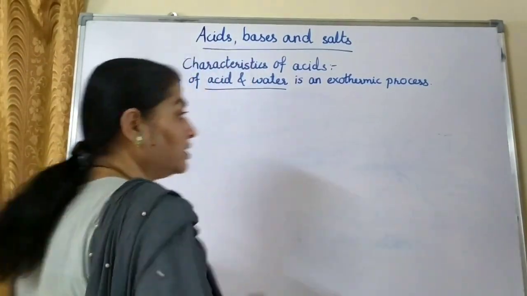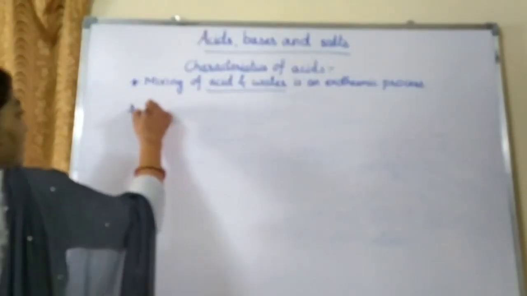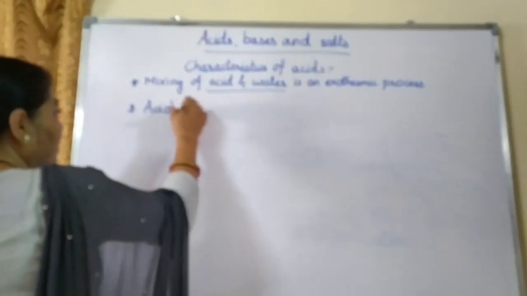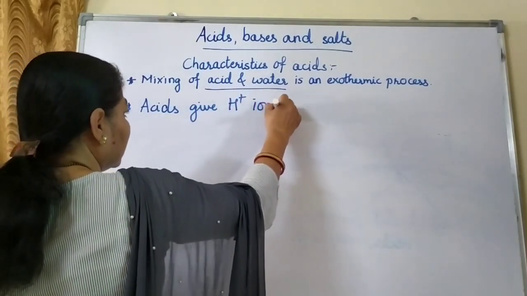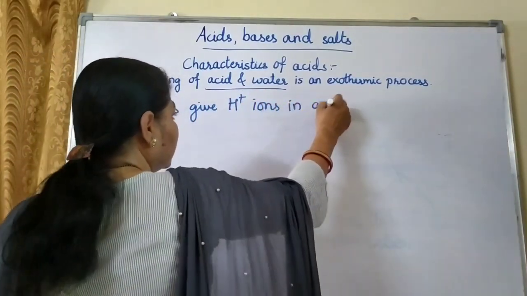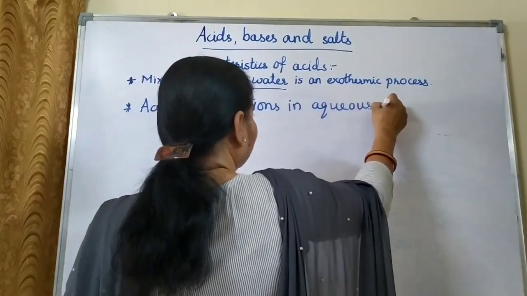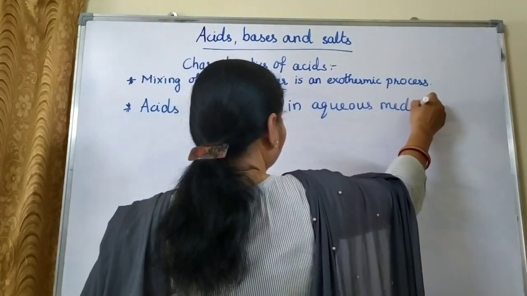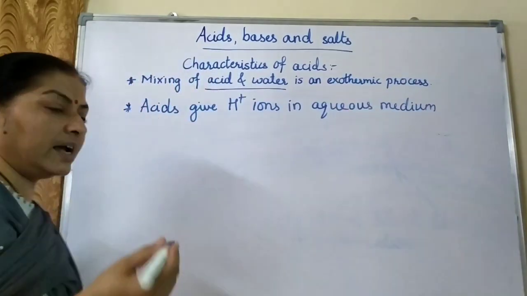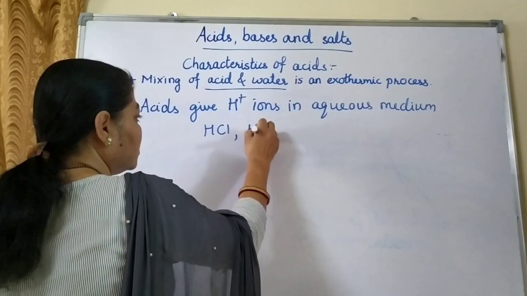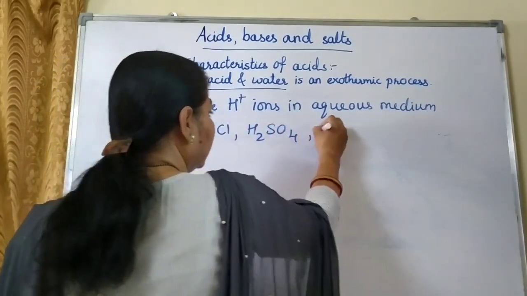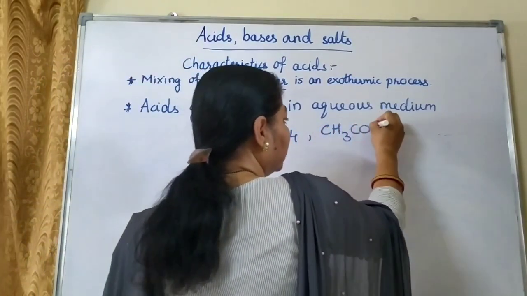The next point was, children, that acids give H plus ions in aqueous medium. So whichever acids we come across frequently, let us take HCl, H2SO4, acetic acid, that is CH3COOH.